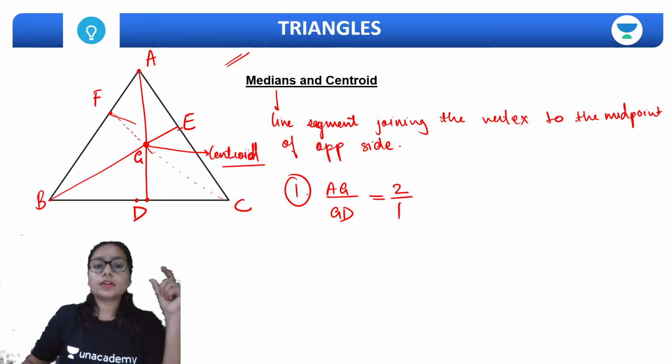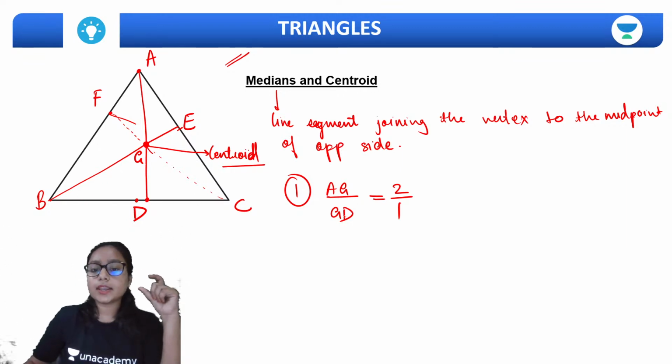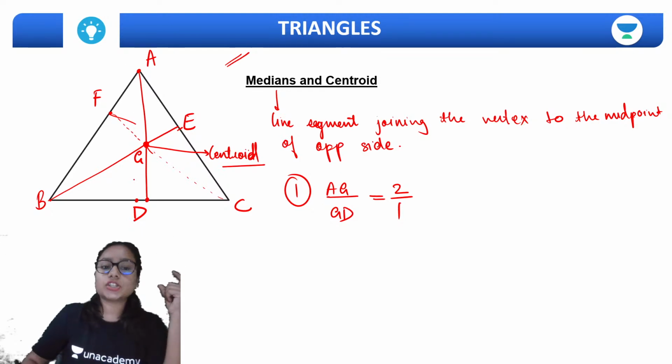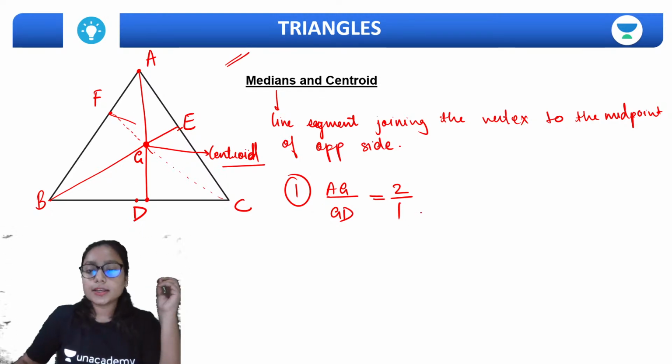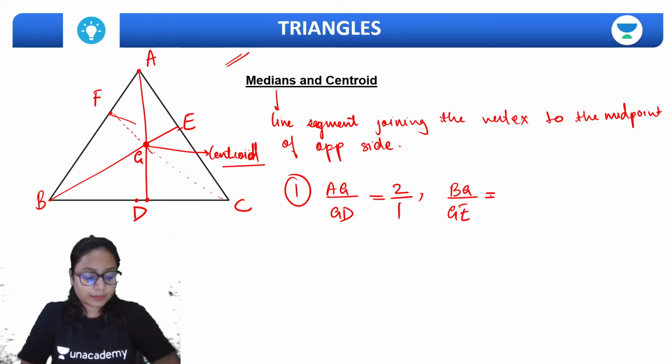Please note that the part of the median that is near to the base will be shorter. So you cannot write GD upon AG is 2:1. So it is always AG upon GD is 2:1. Now please tell me what is the ratio of BG to GE? Please answer.